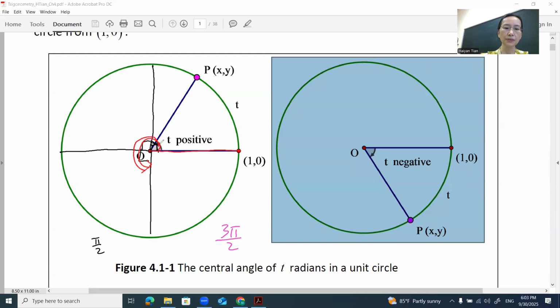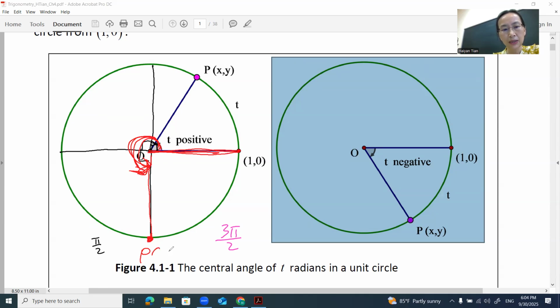So we see this angle 3 pi over 2, and our point is this one. P, this is the initial side, and it goes 3 pi over 2, and this is the terminal side.